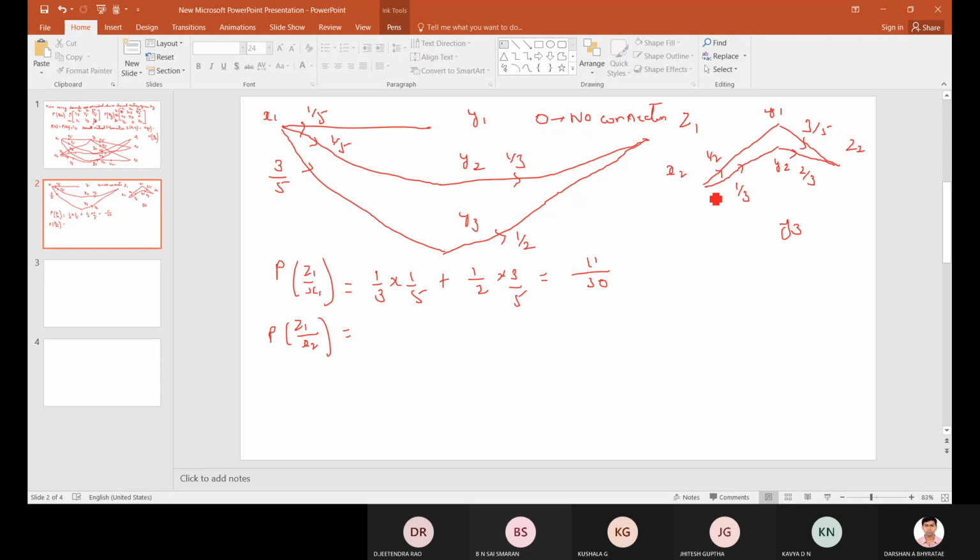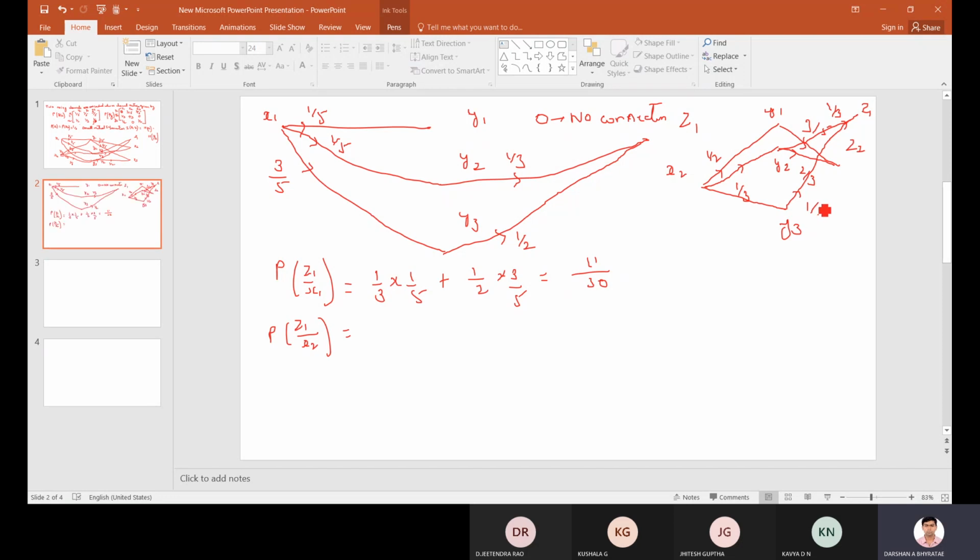I will take P of Y3 by X2, it is given. And again, where is it going to connect? Here it is connected. This is P of Y1. This is Z1 connected. P of Z1 by Y2 is how much? It is 1 by 3, and P of Z2 by Y2 is connected, and P of Z1 by Y3 is how much? It is 1 by 2.